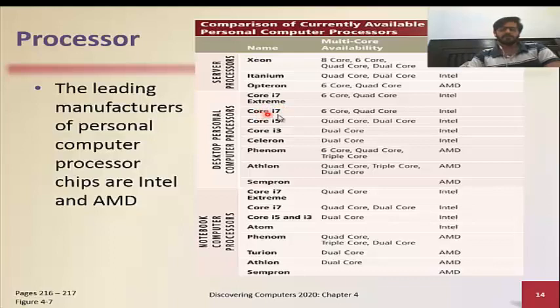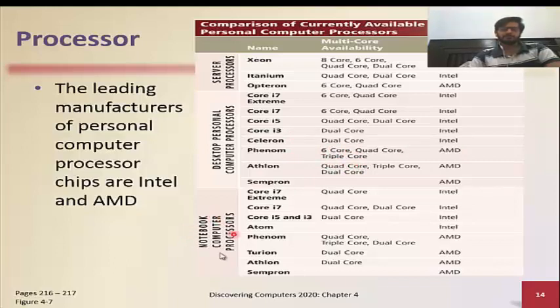It never means this. The Core i7 may consist of 6 cores or 4 cores. Similarly, we have Core i5 and Core i3, and AMD is also coming with 6 core, quad core, and triple core processors.